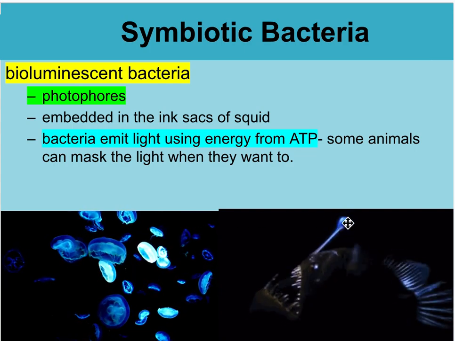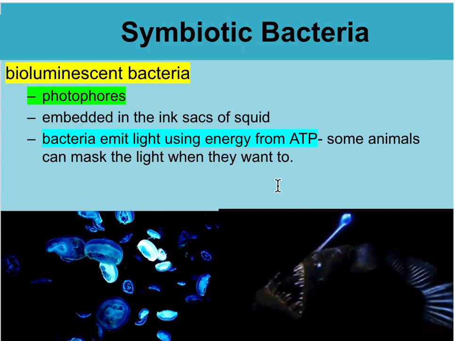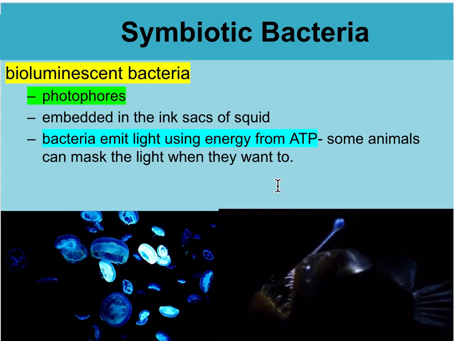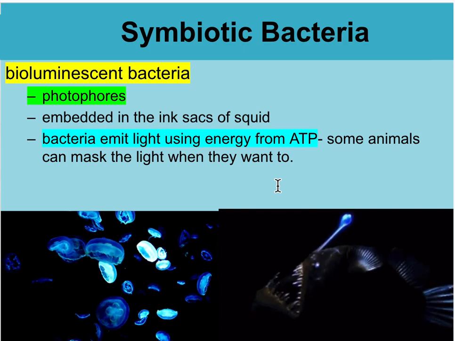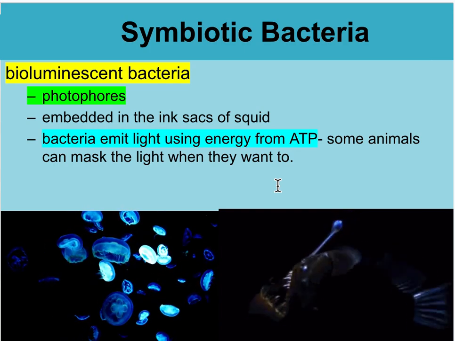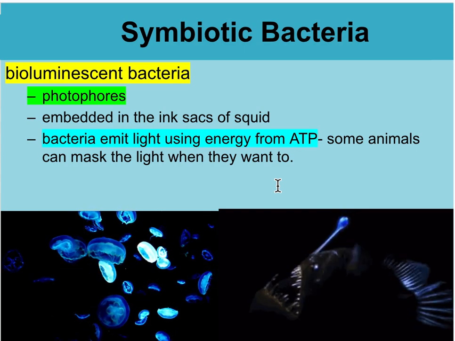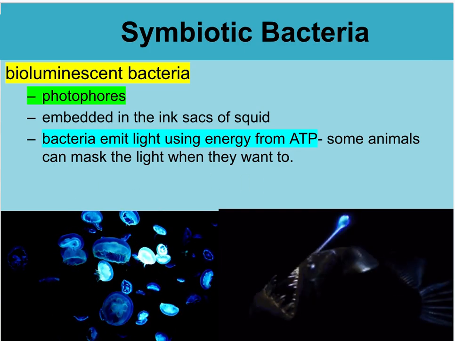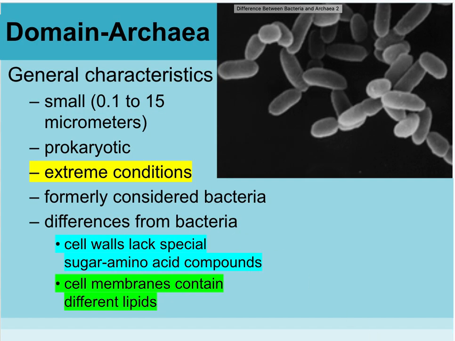There's even some evidence that some organisms, like certain fish, control when the bacteria is lighting up by depriving it of oxygen or nutrients that the bacteria need. And then when they want it to light up, they'll flush it with nutrients and oxygen to make the light go off. It's really crazy, and that's for future chapters.